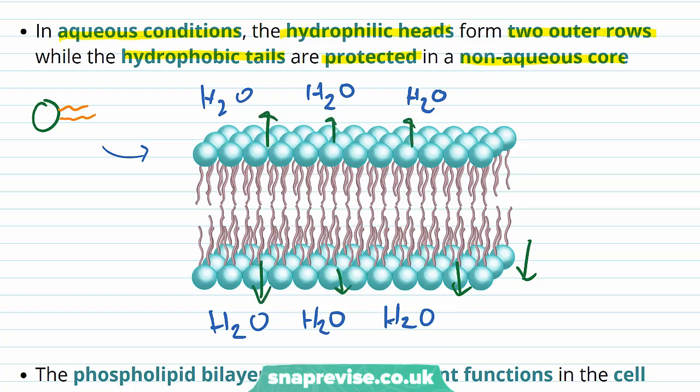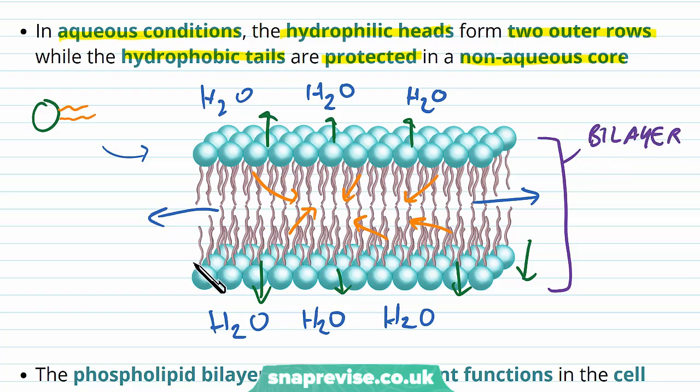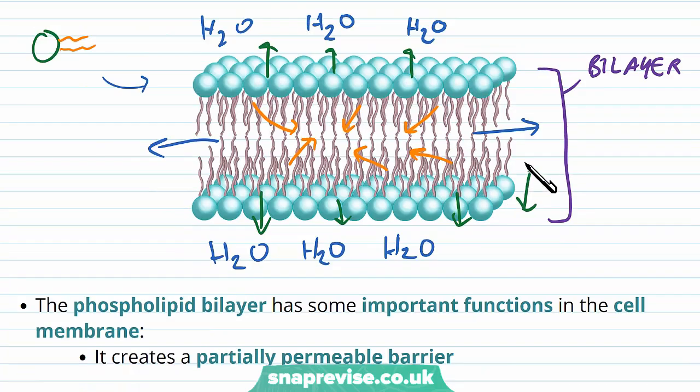And all of the tails start clustering together in the center of the two layers, and they exclude any water that's found there. So the water will leave this area because the water and the tails don't like each other. So then what happens is you get this happy bilayer structure, or this very stable bilayer, where all of the heads are facing the water, but all of the tails are facing away from the water. And this is the only arrangement that they want to be in.